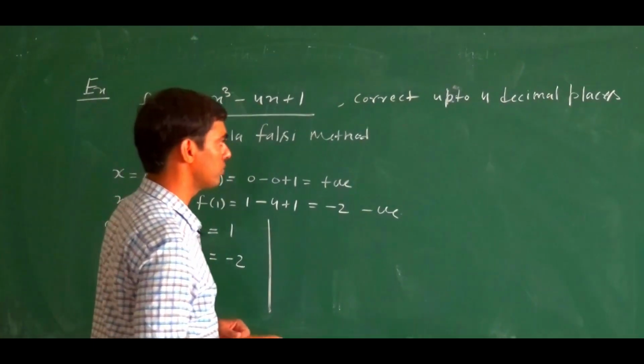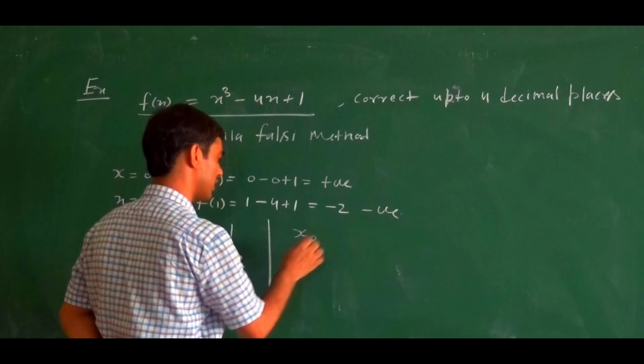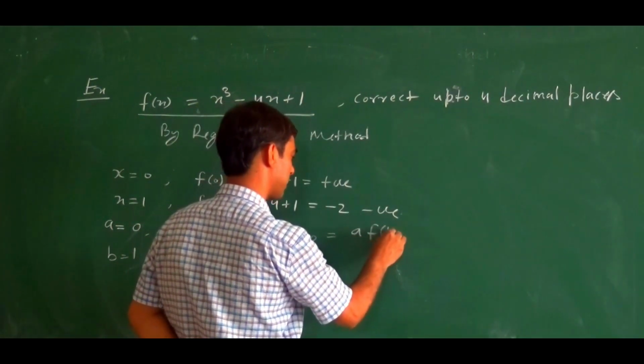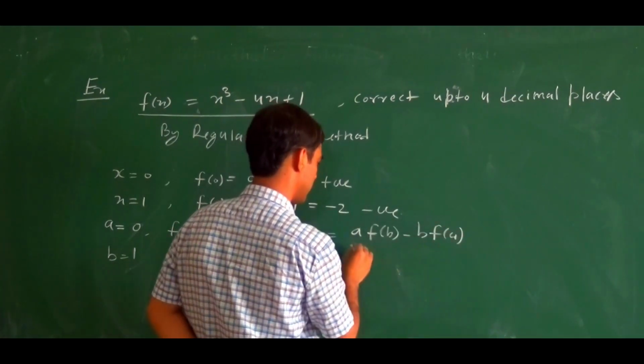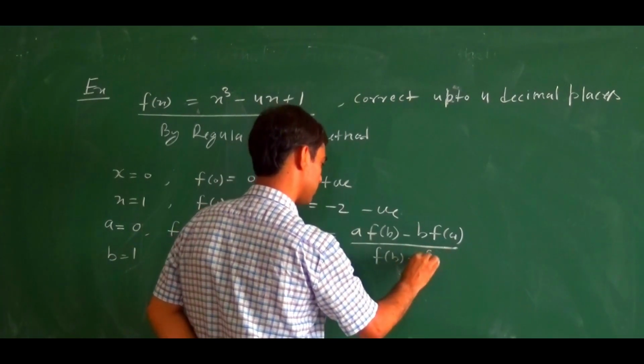According to the iterative scheme of the Regula Falsi method, x0 equals a f of b minus b f of a divided by f of b minus f of a.